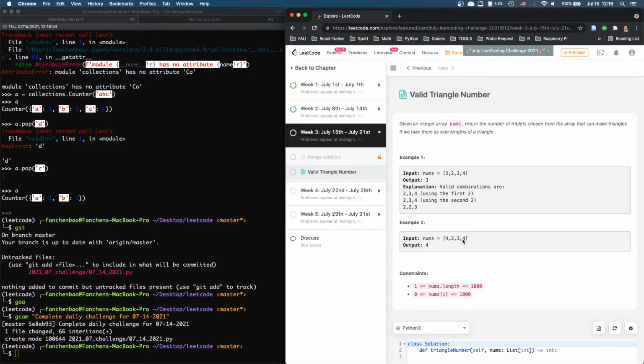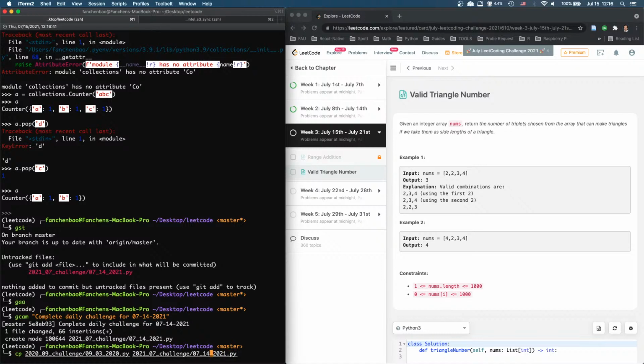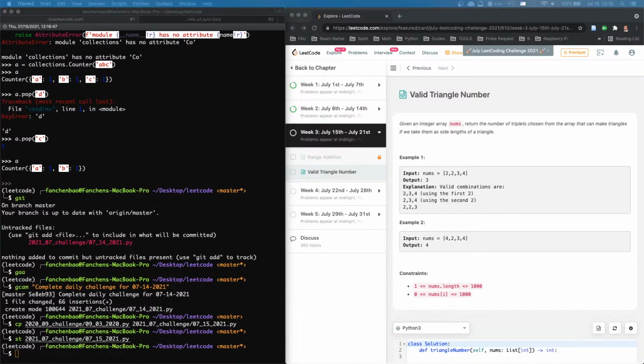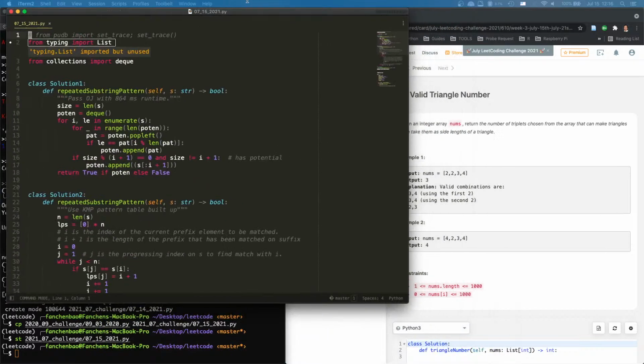Then we go to the next one and do the same thing. So that is going to be O(n) squared. With 1,000 length, O(n) squared is going to work, but it might not be the best solution. It's O(n) squared because that is longer than O(n log n).